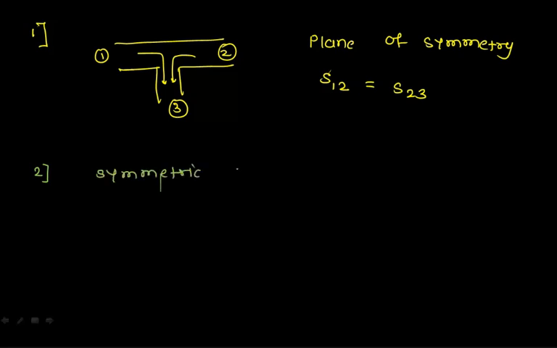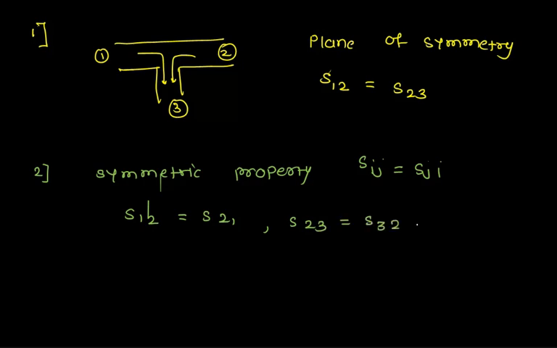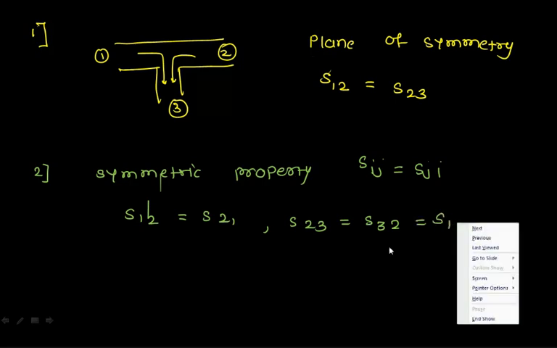In this symmetric property, we have seen Sij must be equal to Sji. So I'll use this property. S12 is equal to S21, S23 is equal to S32, and as S23 is equal to S32, I can say 23 is equal to 32, and then I can write, because of plane of symmetry, S12 here.